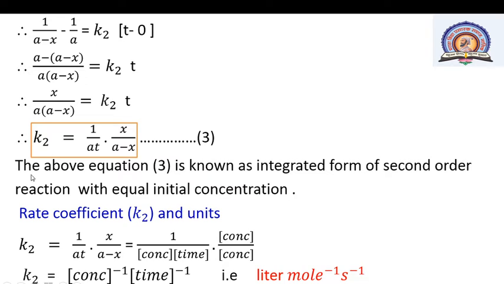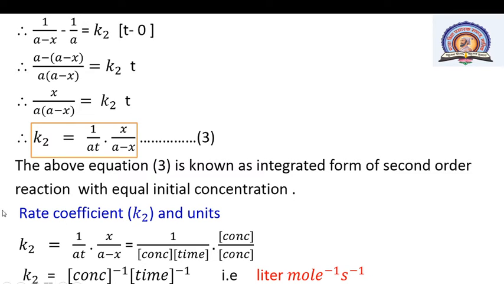In this equation, k2 is the rate constant, small a is the initial concentration, t is time, x and a minus x are concentration terms, the decrease and the remaining concentration. This equation number 3 is known as the integrated form of second order reaction with equal initial concentration.